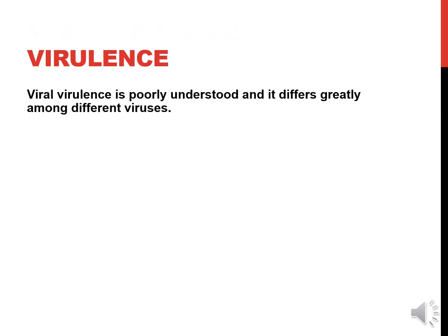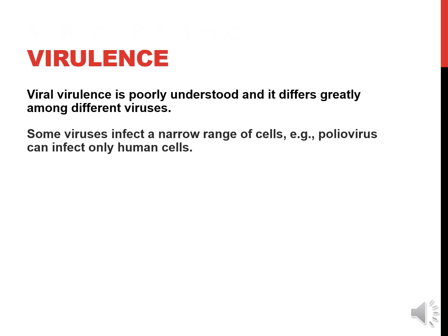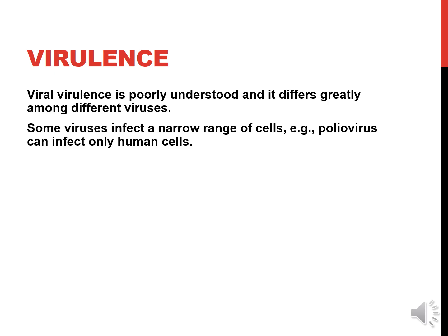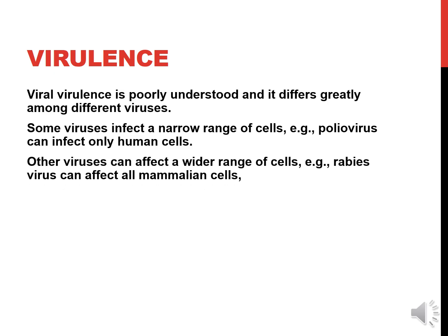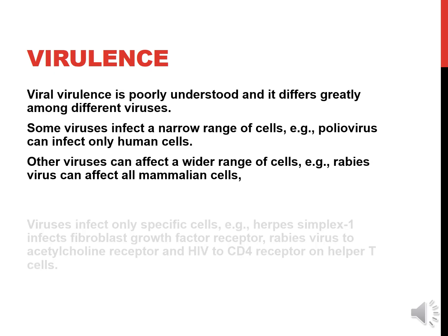So virulence. Virulence is poorly understood in viruses and it differs greatly depending upon different viruses. Some viruses infect a narrow range of cells, for example polio, which can infect human cells only. Other viruses can affect a large range of cells, for example rabies can infect mammalian cells.